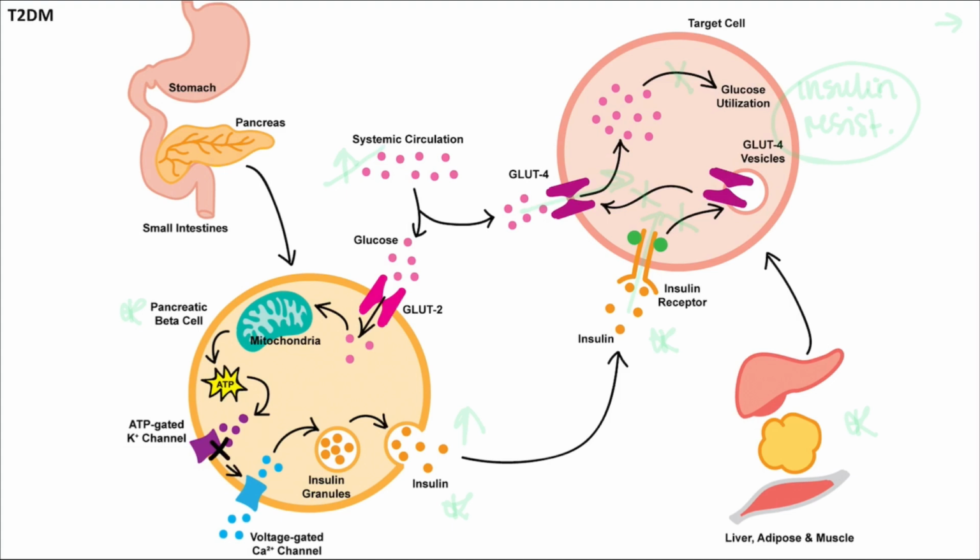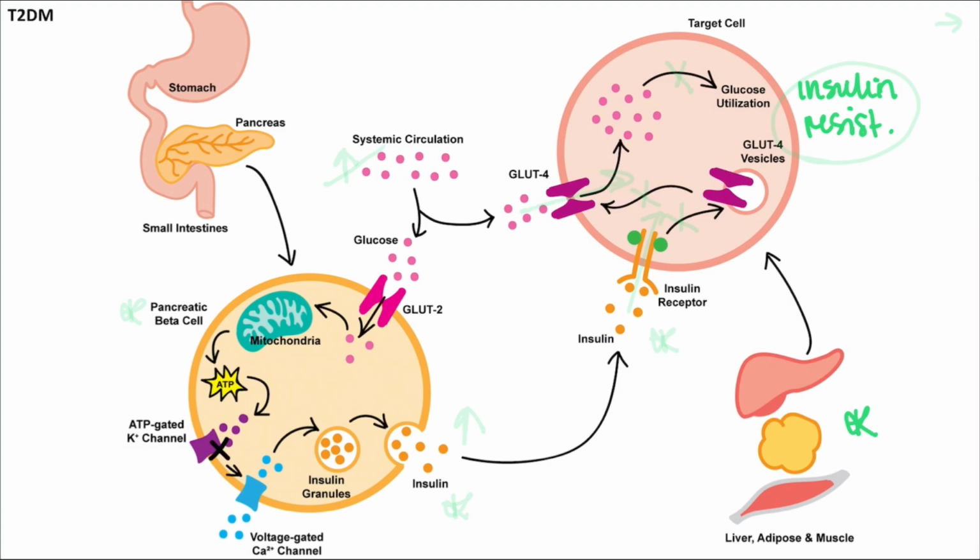So now type 2 diabetes begins with a number of genetic and environmental factors leading to some degree of insulin resistance at the target tissues, like the hepatic, adipose, and muscle tissue.